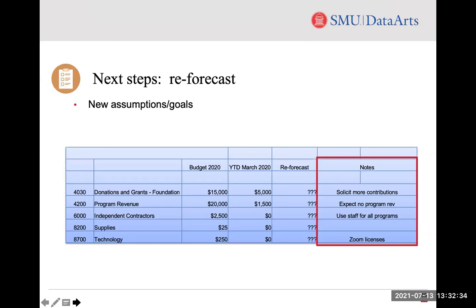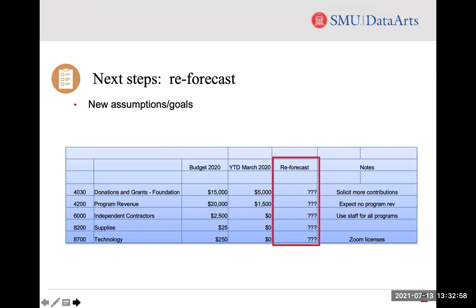You'll also consider how the changes in programs will affect revenue and expenses. Which expenses disappear if staff are working from home and which will stay? And how do these changes intersect with your organization's goals? And how will those overall goals need changing?